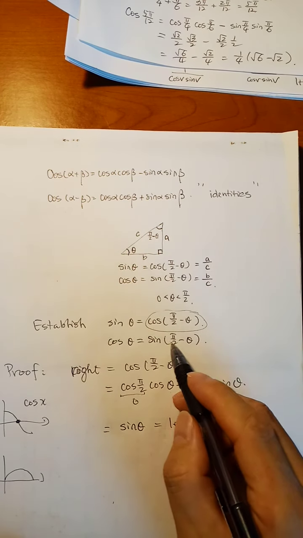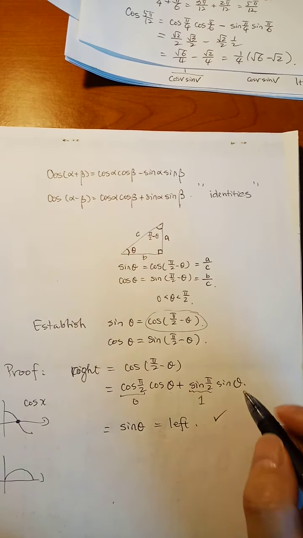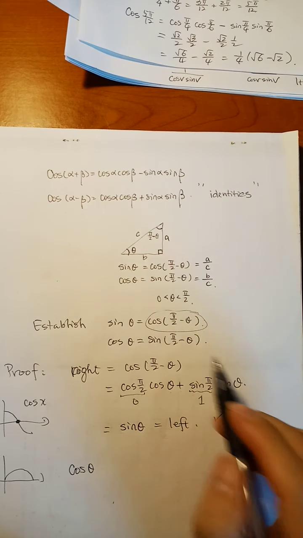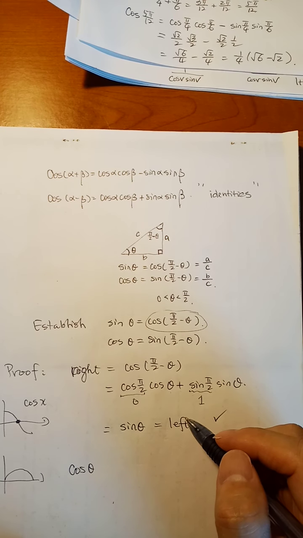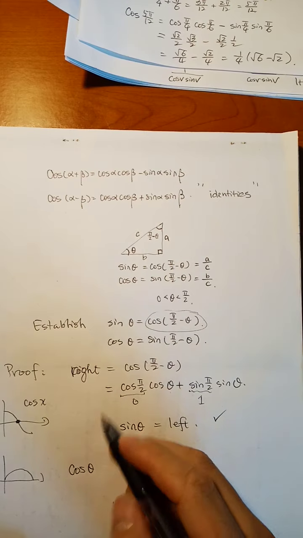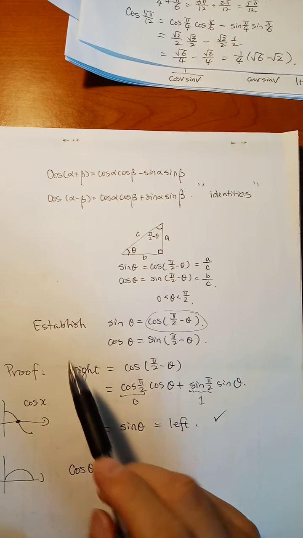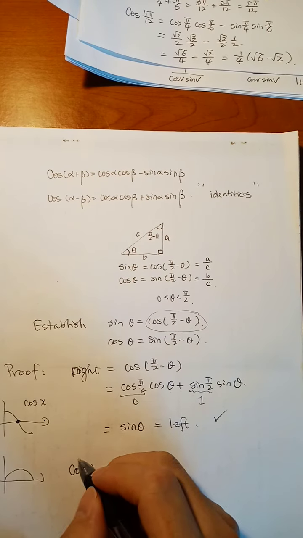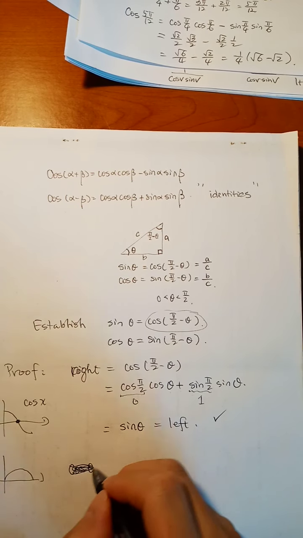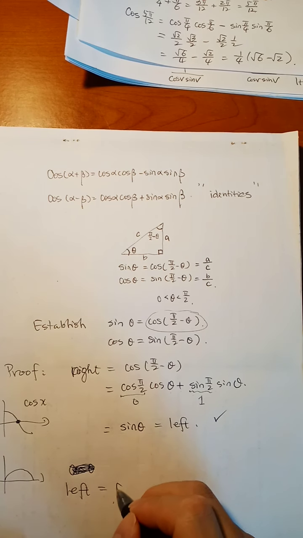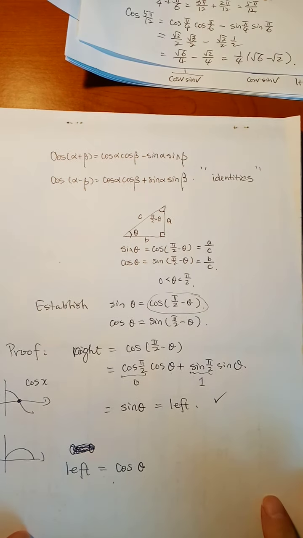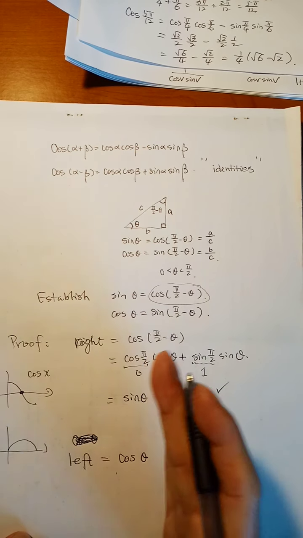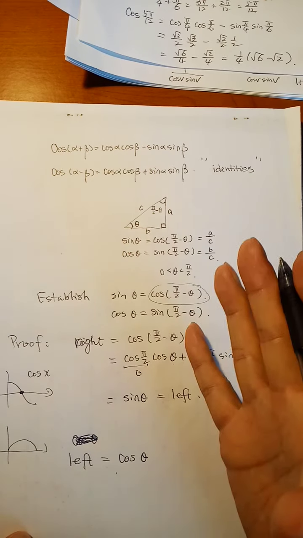Then next, let's see how we establish this part: cosine theta is equal to sine of pi over 2 minus theta. Again, we can only manipulate cosine because we don't have a formula for sine. So we start from the left hand side. But in this case, we have just one angle, we don't have alpha and beta. We're going to apply our trick.